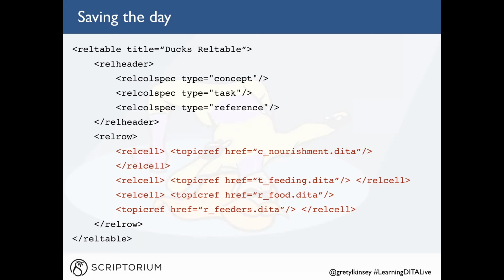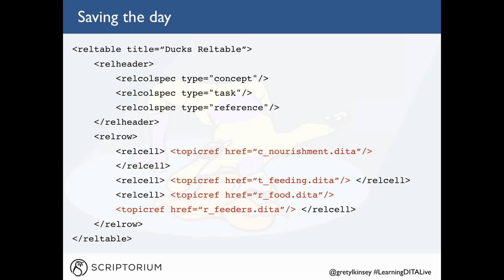So you're going to have one relcell for each column in the rel table. So in this case, we had 3 columns, one each for concept, task, and reference. So we have 3 relcell elements in the relrow. And then inside of each relcell element, you can have any number of topicref elements for those related topics that should be tracked across that relrow.